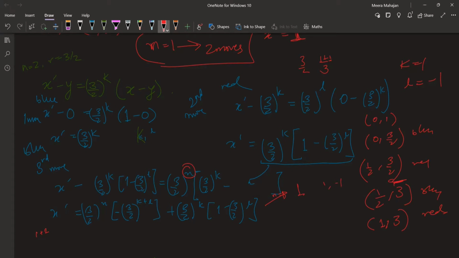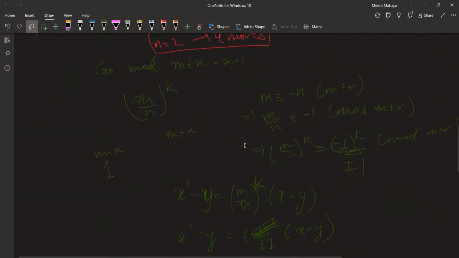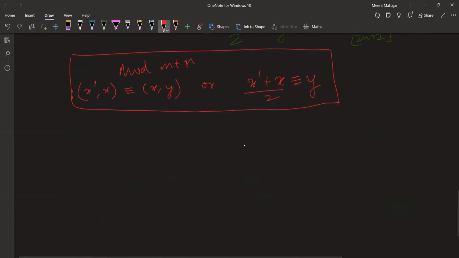But just by picking 1 and minus 1, just pick nice numbers. And luckily this time, for n equals 2, we are reaching in 4 moves. So somehow keep this in mind, and we will now go back to this.